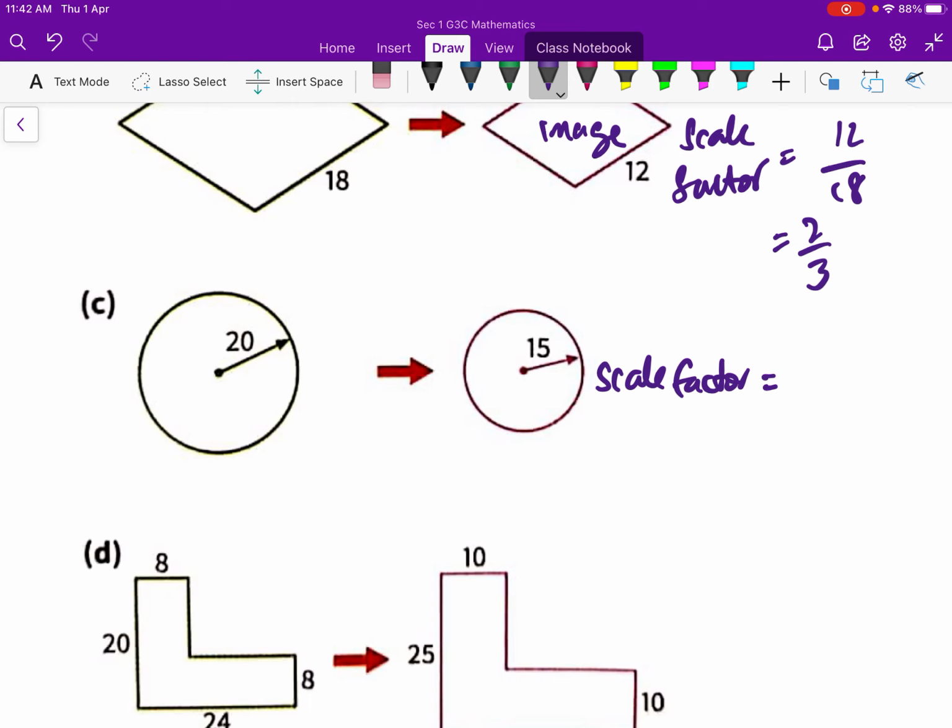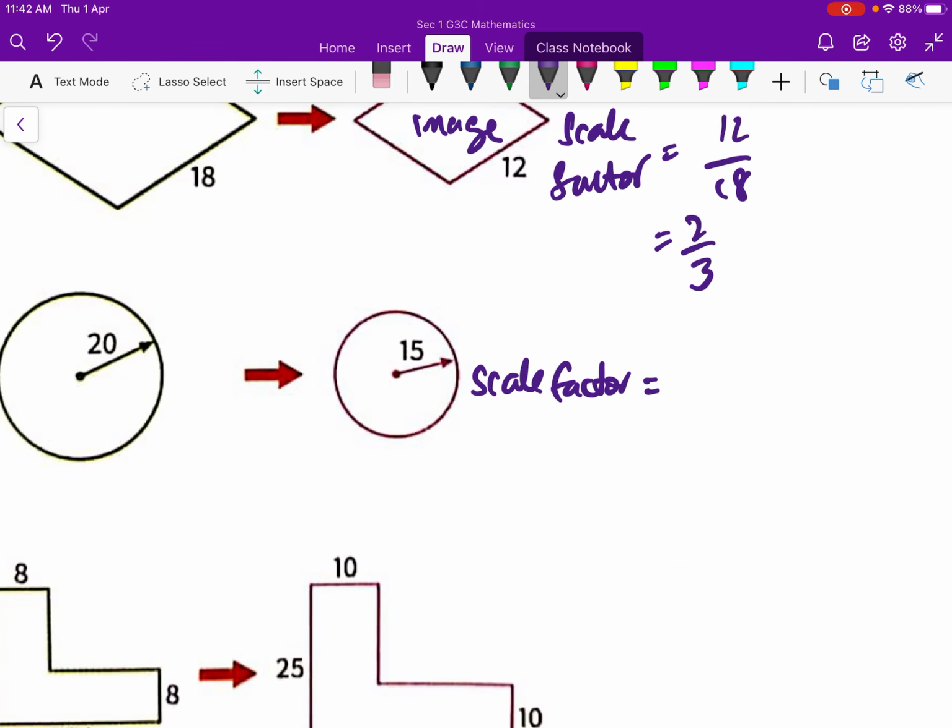So if we want to talk about the ratio of the sides for a circle, we should be talking about the circumference. If I want the ratio of the circumference, it will be 2 pi r over 2 pi original r, which is 20, isn't it? This part you don't need to copy. Then we notice that they are the same factors, we can cancel 2 and 2, pi and pi.